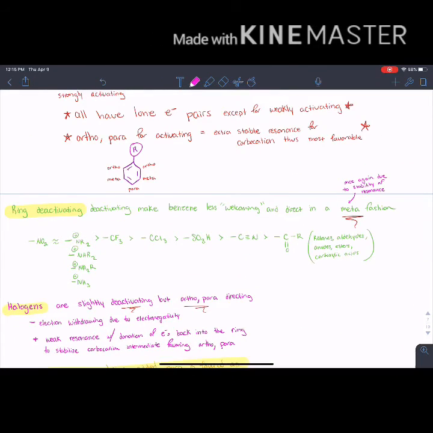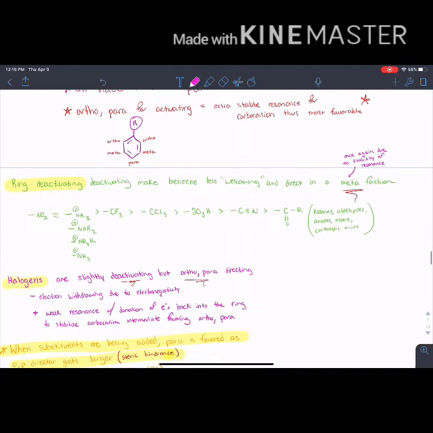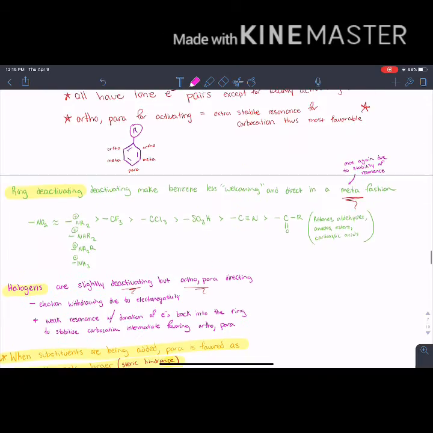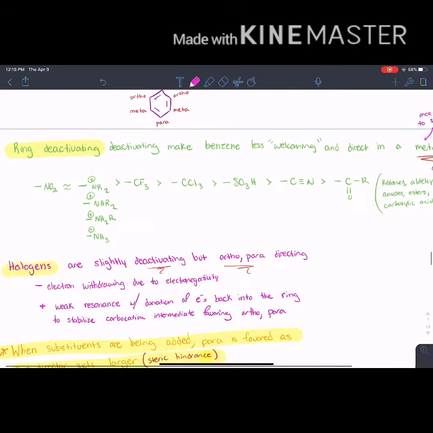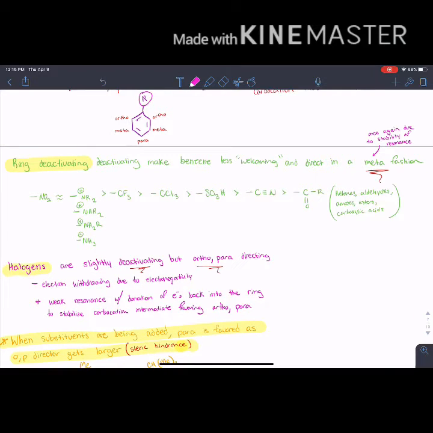Ring deactivating are completely opposite. Basically, they make benzene less reactive or less welcoming, and they direct it in a meta fashion. And this is due to the stability of the resonance structures that it induces, and they are all deactivating, and you can notice that they kind of have, well, if you see a positive charge on anything like a nitro group or positively charged nitrogen, you know that's going to be deactivating, or anything with a partial positive, right?